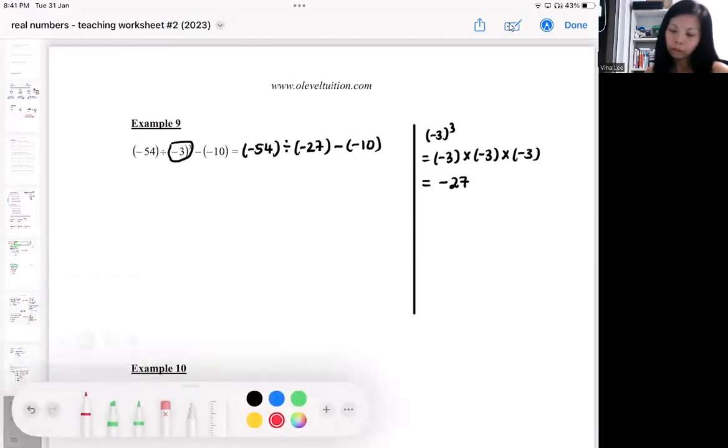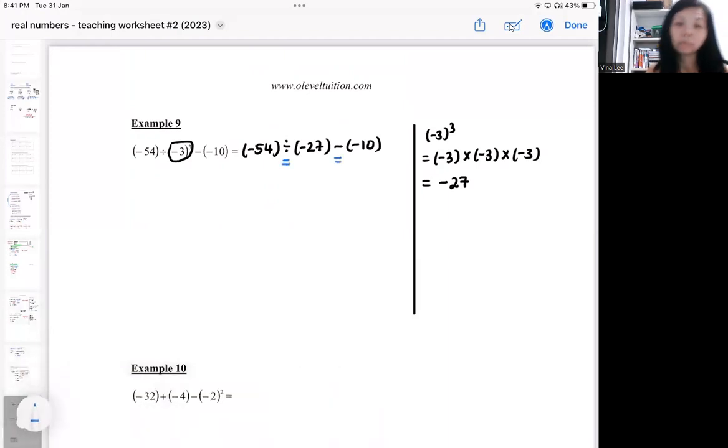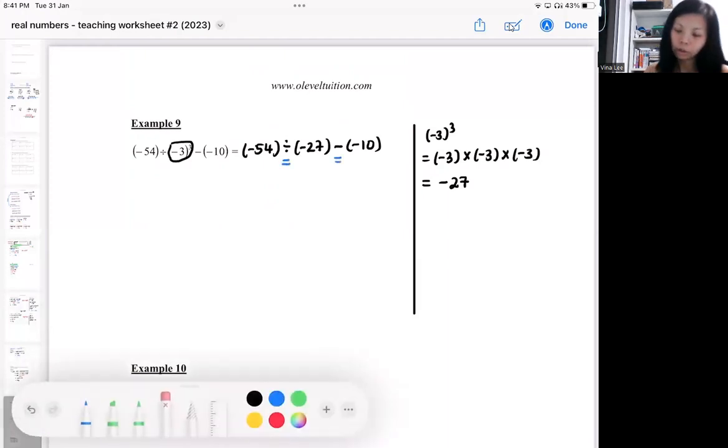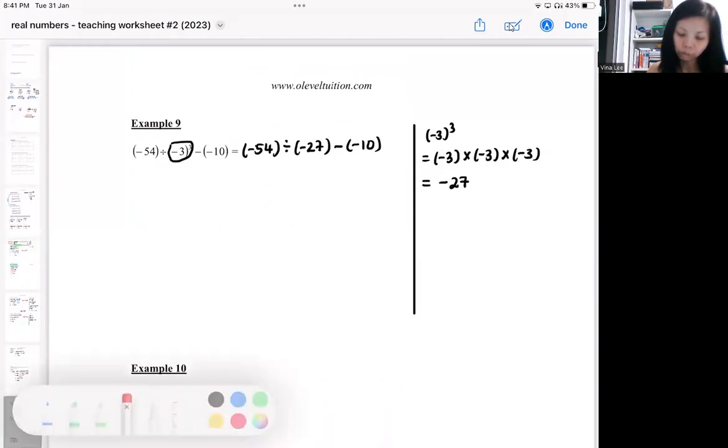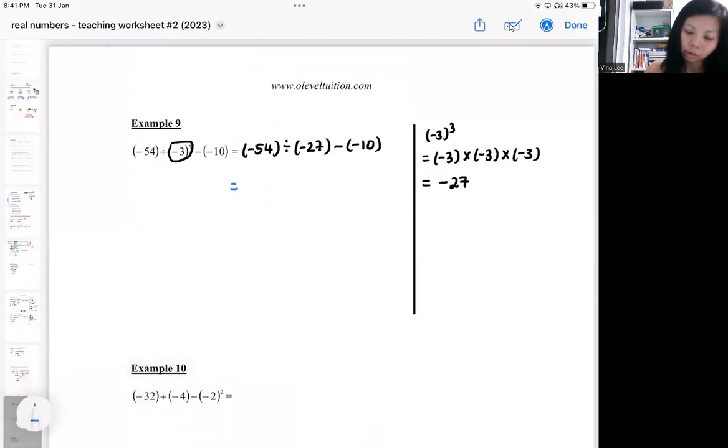I should be doing, so I got a divide, I got a subtraction. So I should be doing the divide according to BODMAS rule. So I should be doing this negative number and negative number divide into a positive. 54 divided by 27 is a 2.